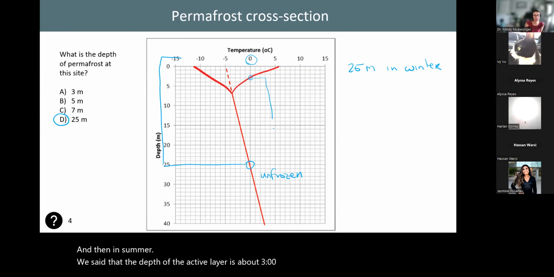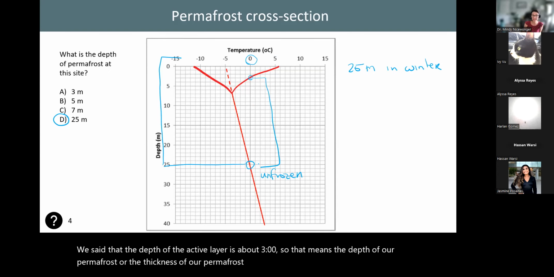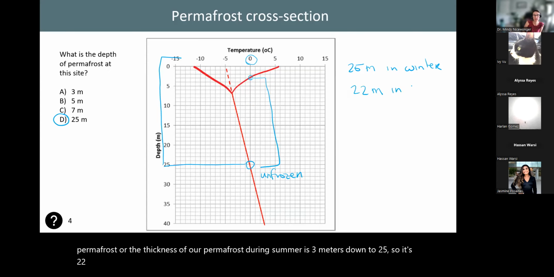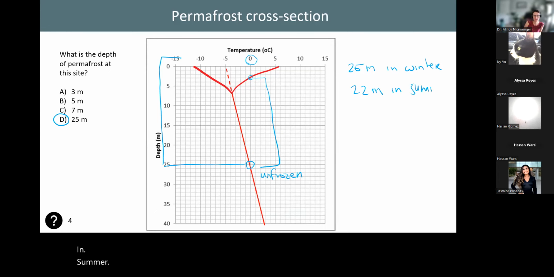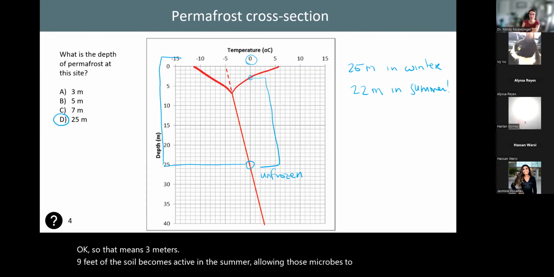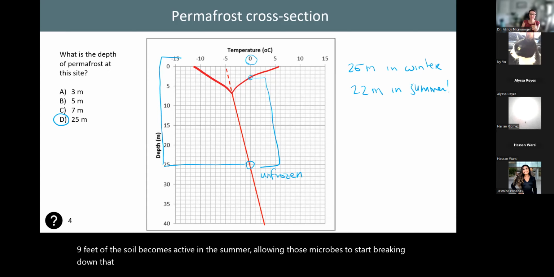That means the thickness of our permafrost during summer is 3 meters down to 25, so it's 22 meters in summer. So 3 meters, 9 feet of the soil becomes active in the summer, allowing those microbes to start breaking down that carbon.